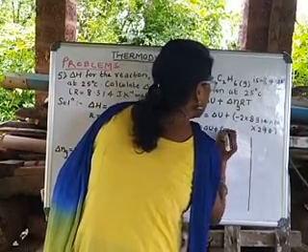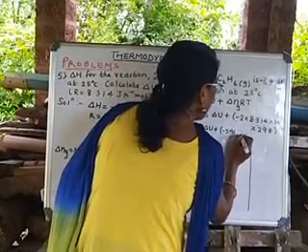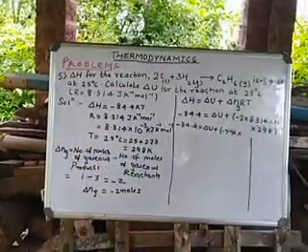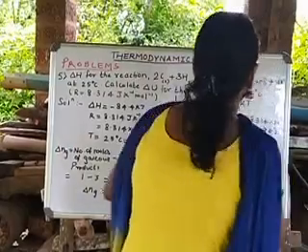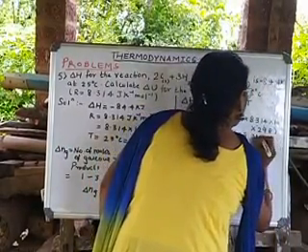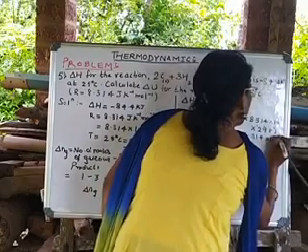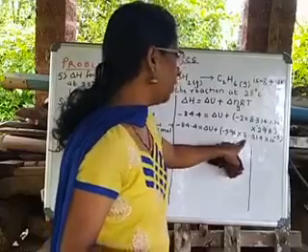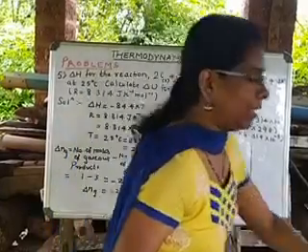So 596 we are supposed to multiply by 8.314 into 10 raised to -3. Now let us do the multiplication of 8.314 into 596.